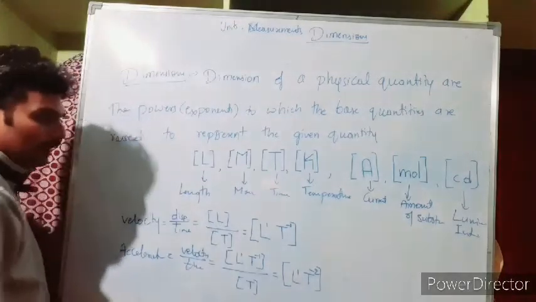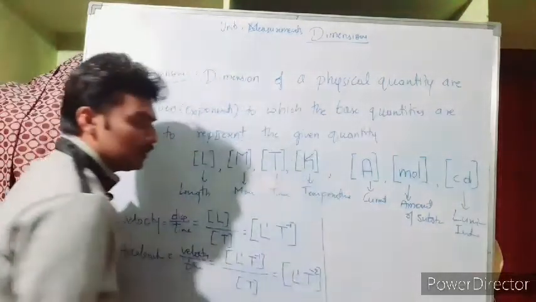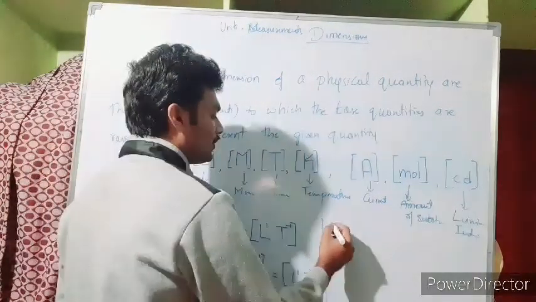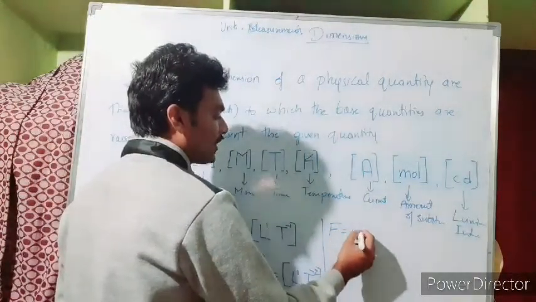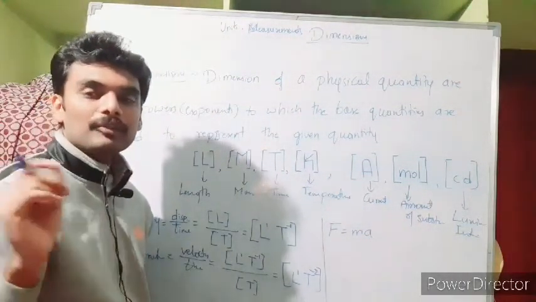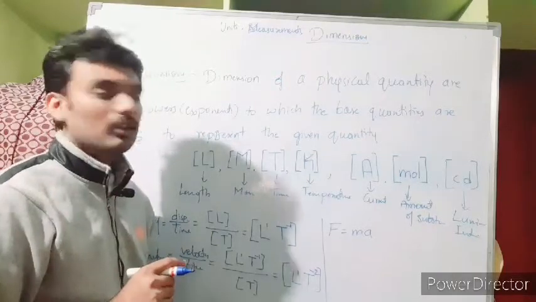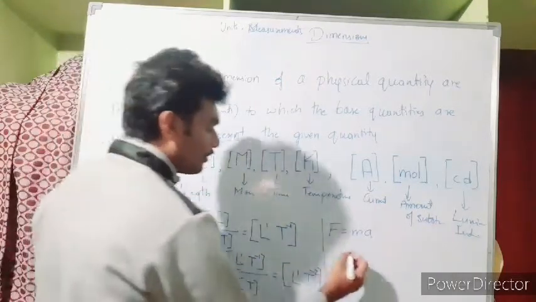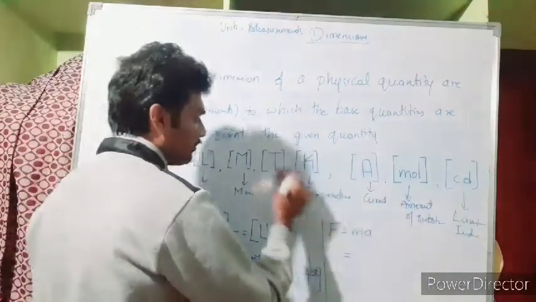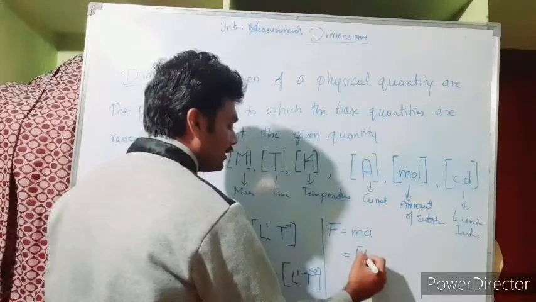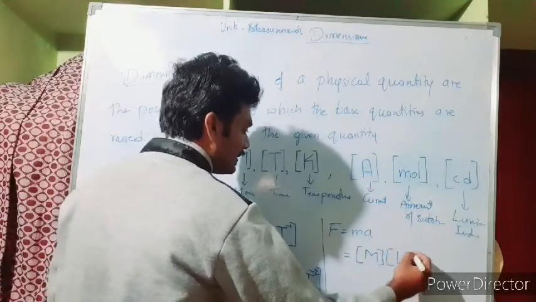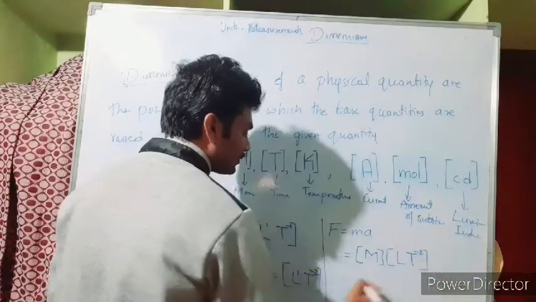Let me give you one more example. Force. We have an expression F is equal to ma, right? Mass into acceleration. Now we need to get the dimensional formula of force. So for force, the dimensional formula would be mass into acceleration. The dimension of mass is simply capital M. The dimension of acceleration is L T minus 2.